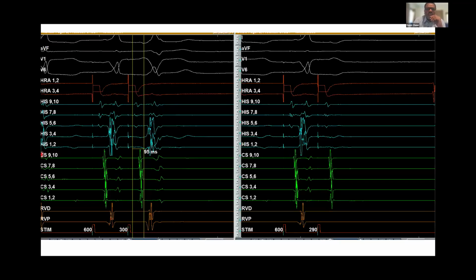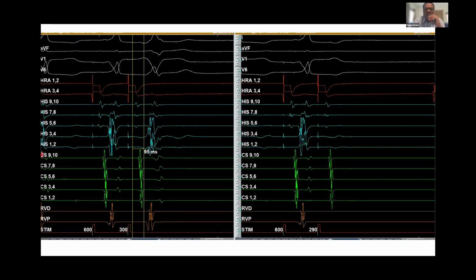If someone has orthodromic AVRT without obvious pre-excitation on the 12-lead ECG, and it is proven to be orthodromic AVRT, that means there is no manifest antegrade conduction from the atrium into the ventricle through the pathway, but there is retrograde conduction from the ventricle back into the atrium, which contributes to the circuit of the tachycardia and results in AVRT, atrioventricular reentrant tachycardia.